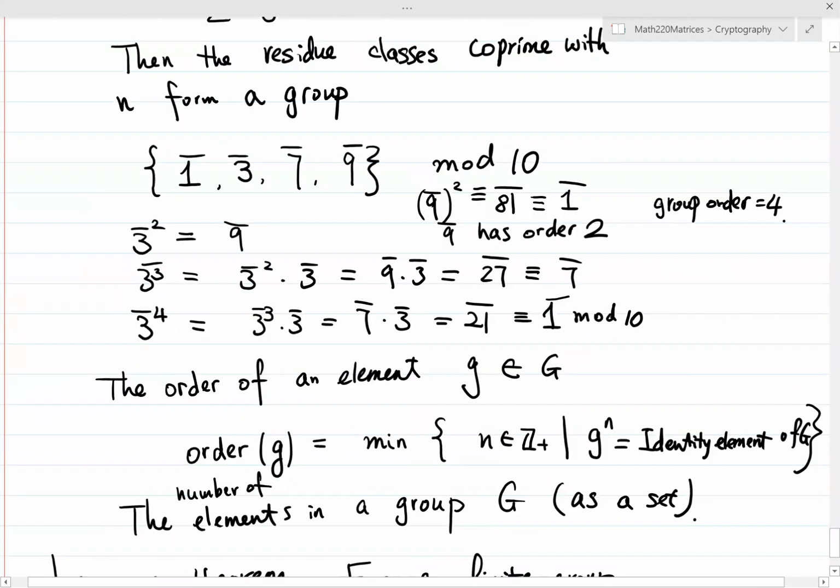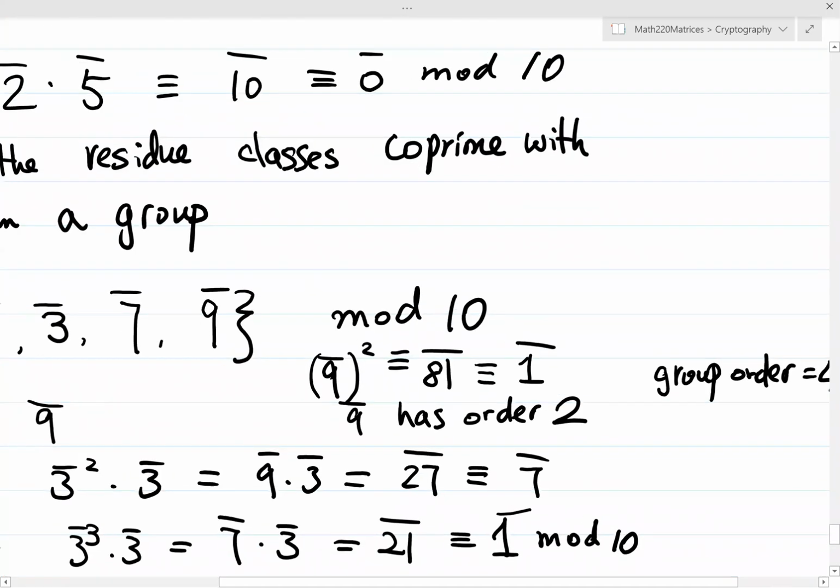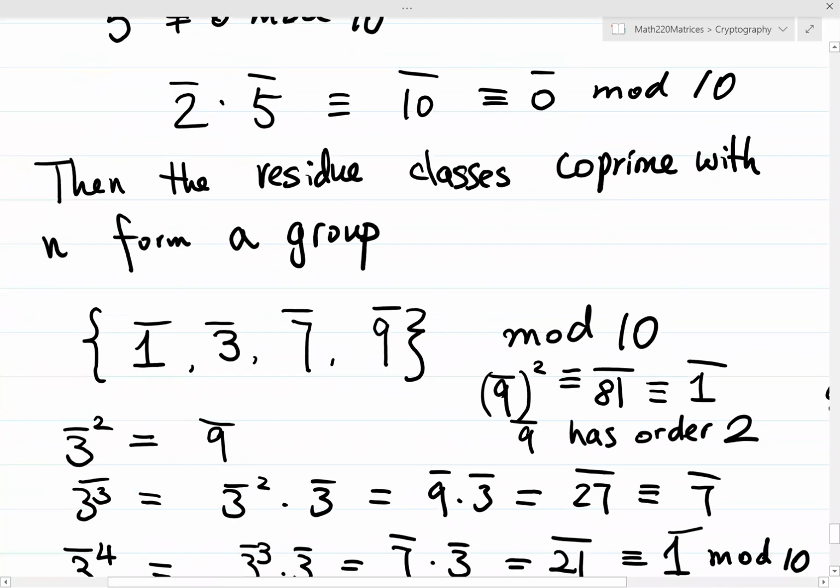You see the example, the group modulo 10, the coprime residues modulo 10. The element 9 bar has order 2. 9 squared is 81, which is the identity element.